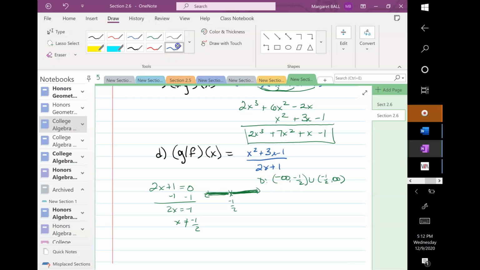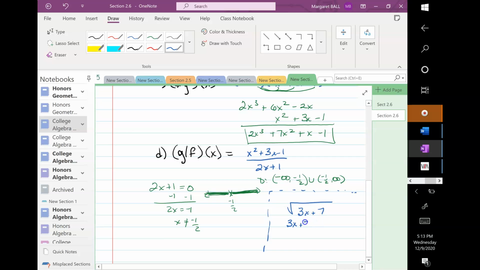Now, I said that there are two situations where you have to be concerned about the domain. One of them is when there's a fraction and you have to be concerned about the denominator. The other is if there's a radical. Like, let's say that you had the square root of 3x plus 7. The thing you have to worry about with a radical is if there's a negative underneath the square root or an even root. So you have to restrict what's under there to make sure it's positive or 0.